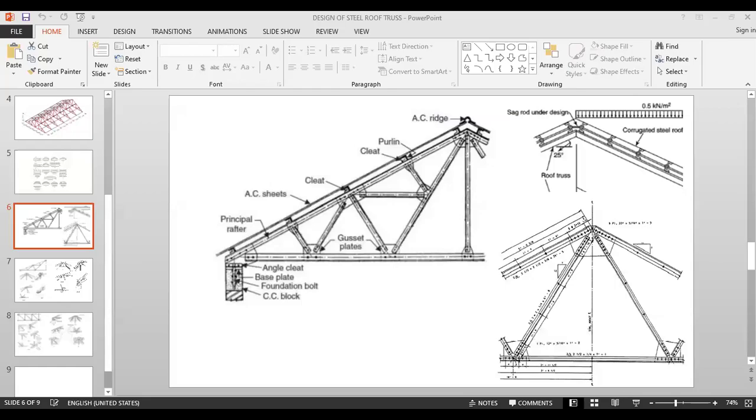So, in the previous class, we were discussing trusses, in the design of steel part. In this subject, we'll be mainly designing the roof trusses. I was telling you about the different types of members you come across in a roof truss, and also the nature of forces in these members.